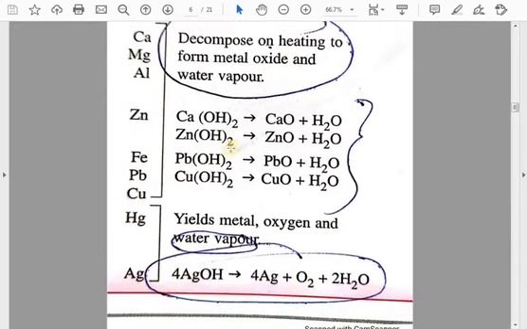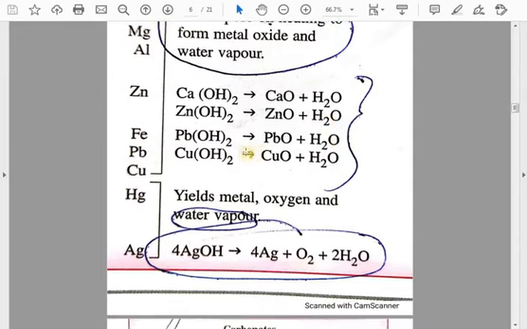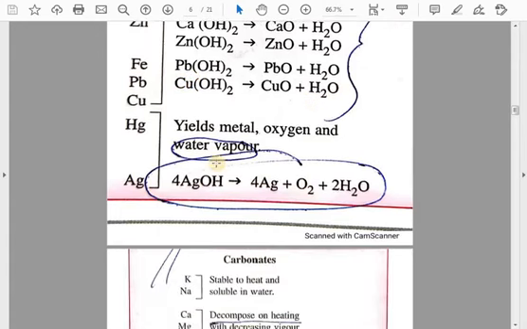Zinc also is the same. They form oxides and water vapor. Then comes lead, copper. Iron also is in the same category. Now if you go to mercury and silver, they give metal, oxygen and water vapor.